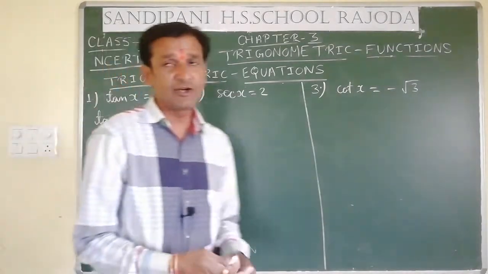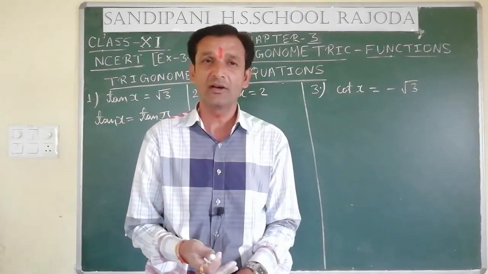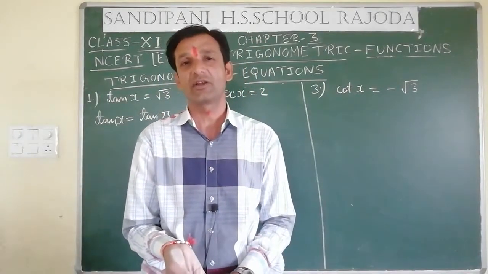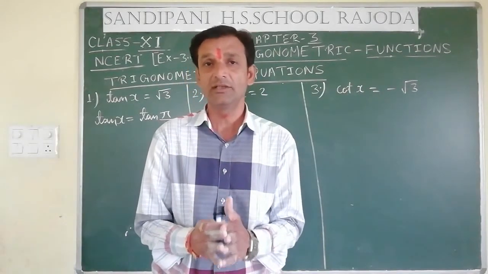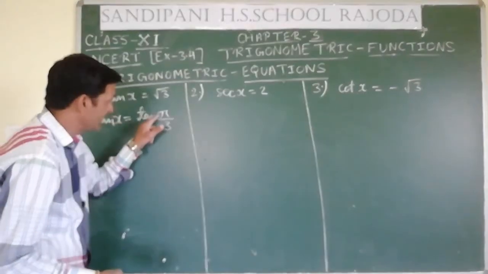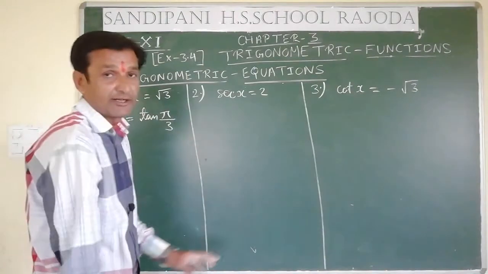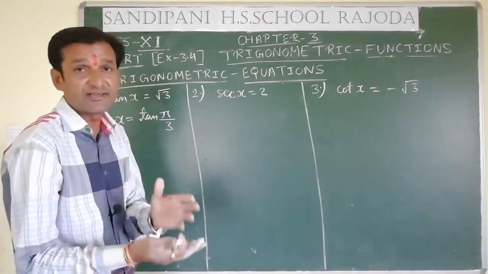One more thing, listen to me very properly: you will have to mention the solution of a trigonometric equation always in radian form, not in degree form. Pi by 3 means 60 degrees; 60 degrees you do not have to write. You always have to write in radian form, because it is the standard form.